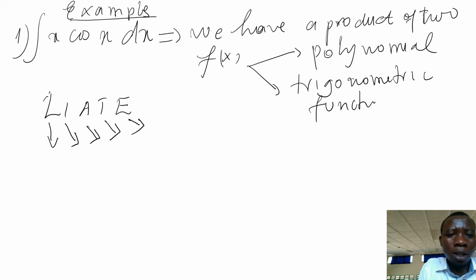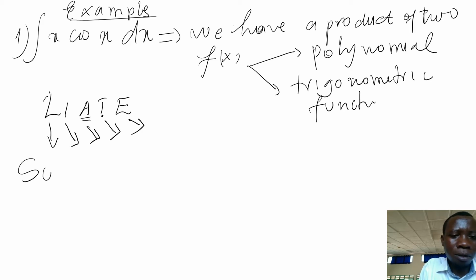In this example, x is a polynomial and cos is a trigonometric function. In the word LIATE, A, which is algebraic, comes before T. And the letter which comes first will be considered as u.